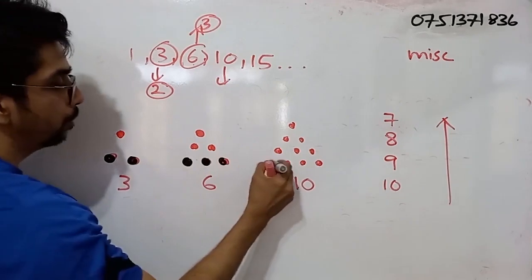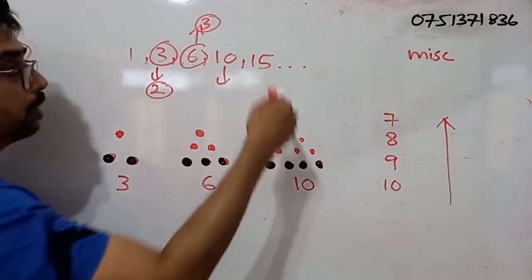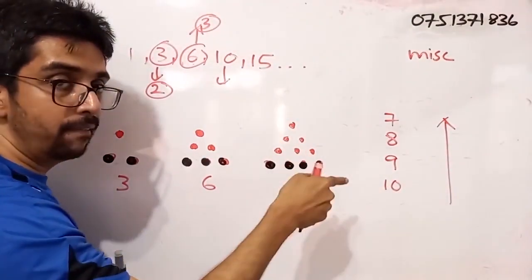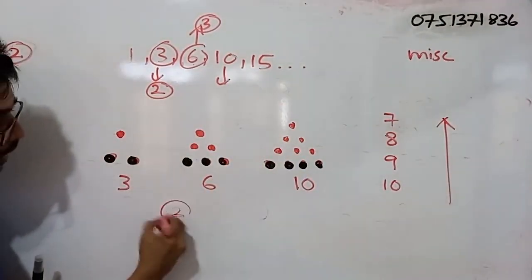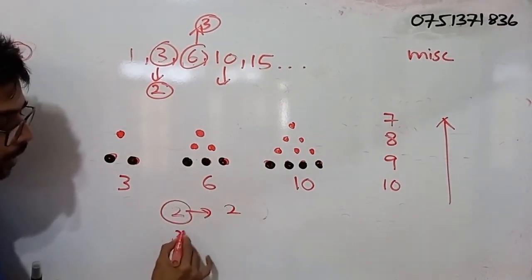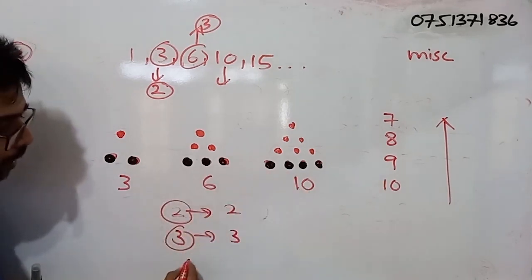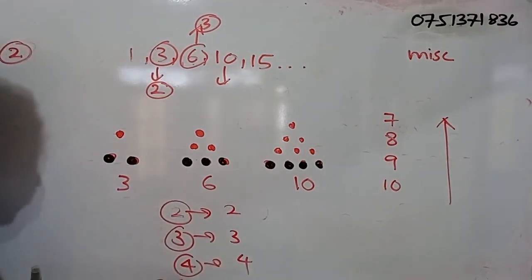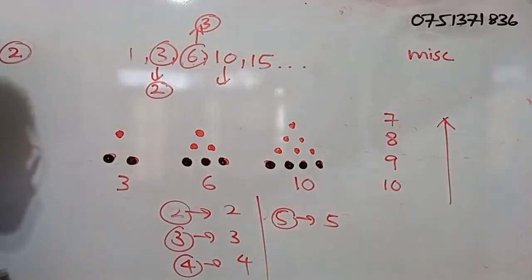The fourth triangular number has 4 circles. And according to this pattern, if we write 15, on the last row we have 5. Then according to this pattern, the fifth triangular number has 5 circles in the last row.